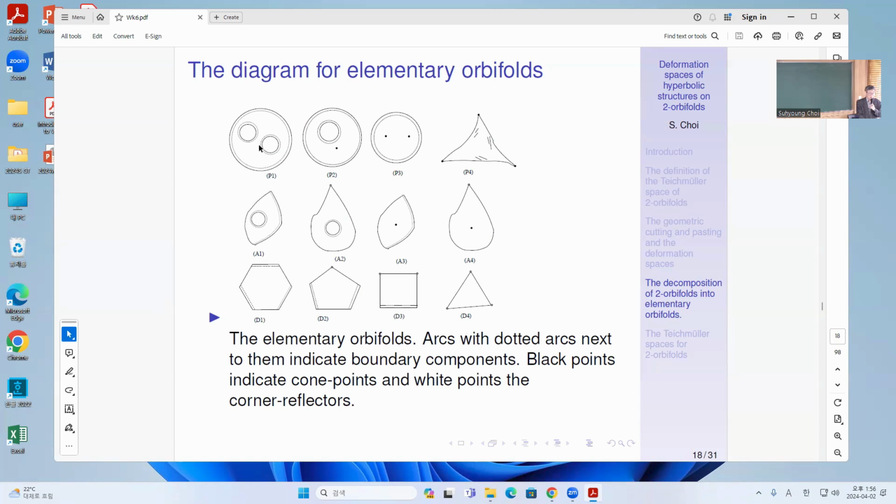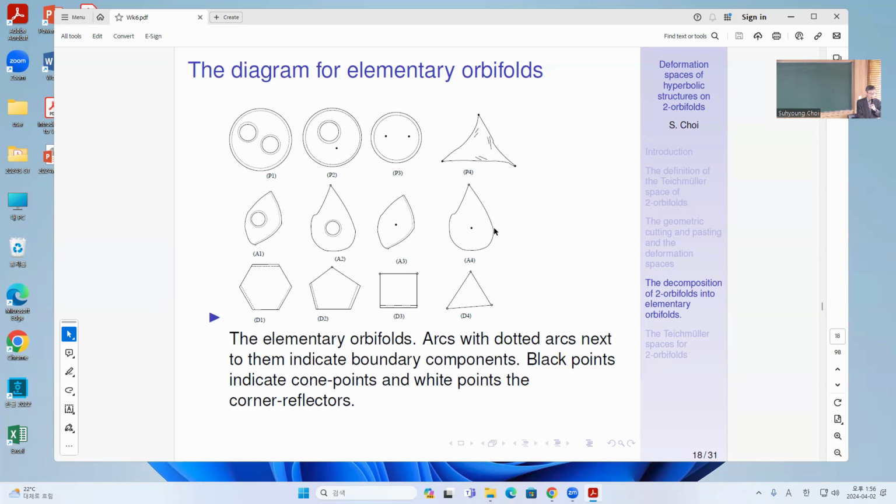And here there's another G2 action: you can fix 3 arcs and flip these, and the quotient is this one. For this one, you again take 3 arcs, one arc passing from here, and then here, and then here, and you get the covering. Here you get another 3 arcs passing this way, and then you get this.